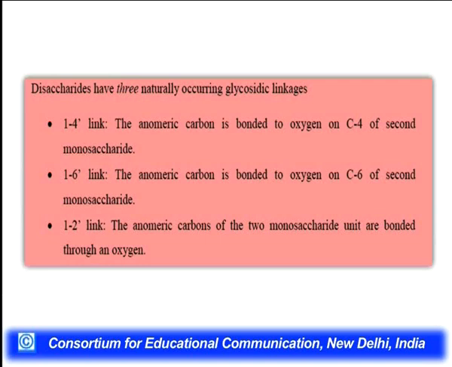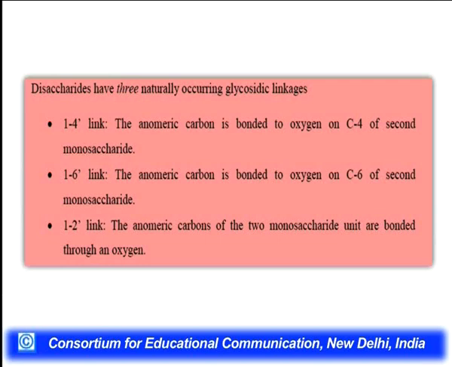And then the third type of linkage that we can have is the 1,2 link. 1,2 linkage means that the anomeric carbons of both the monosaccharides are involved. That is, both of the monosaccharides are bonded through an anomeric oxygen. So in this case, both of the monosaccharides will act like a glycon as well as an aglycon.